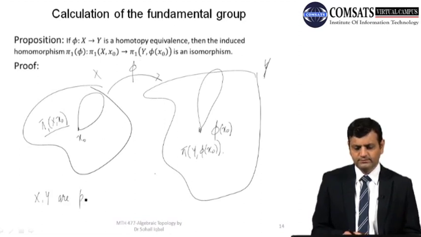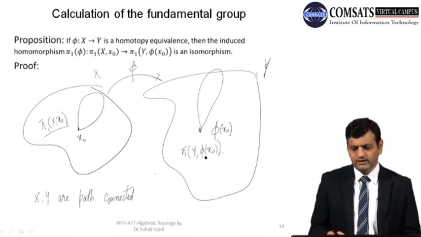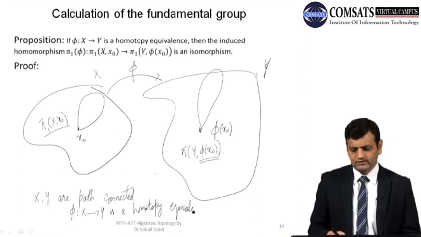Of course, as a particular case of this proposition, if we impose the condition that x and y are path connected, then the fundamental group of y at any point is the same as the fundamental group at every point. So if x and y are path connected and we have a homotopy equivalence between them, then pi 1 of x is isomorphic to pi 1 of y.